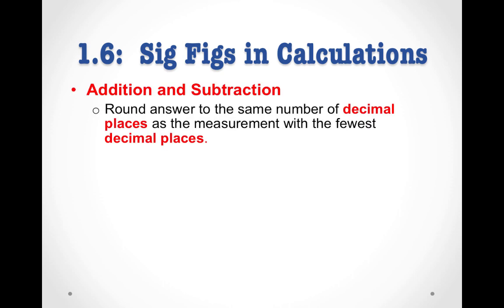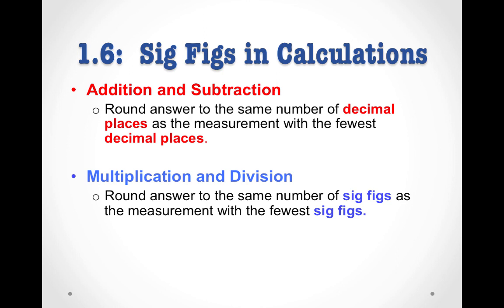If you're dealing with addition or subtraction, you're going to round your calculated answer to the same number of decimal places as the measurement with the fewest decimal places. If you're dealing with multiplication and division, you're going to round the answer to the same number of sig figs as the measurement with the fewest sig figs.